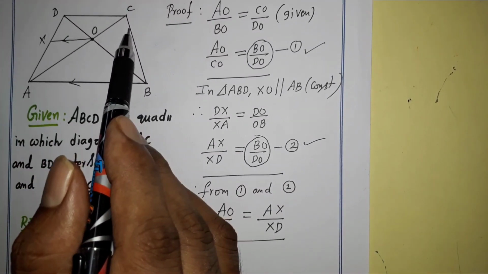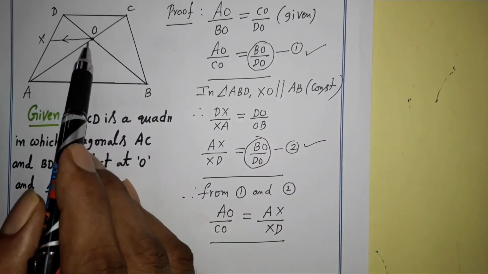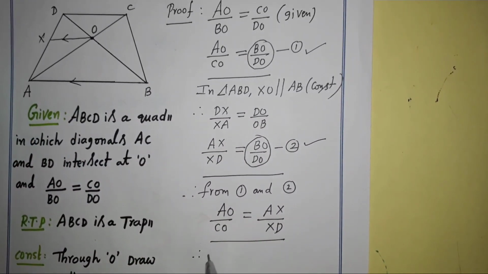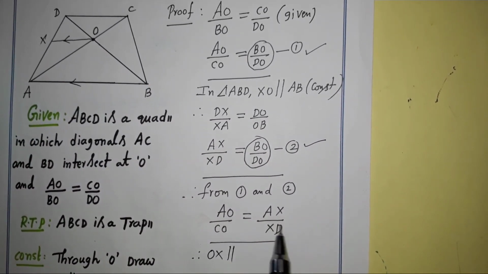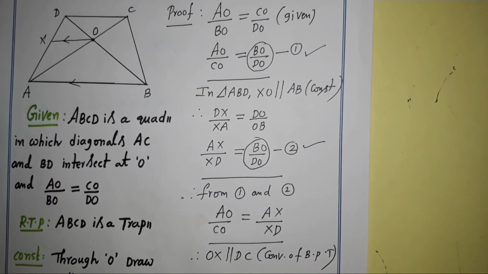Then immediately from the converse of the basic proportionality theorem, you can write OX is parallel to DC.